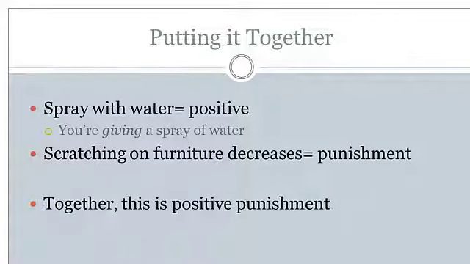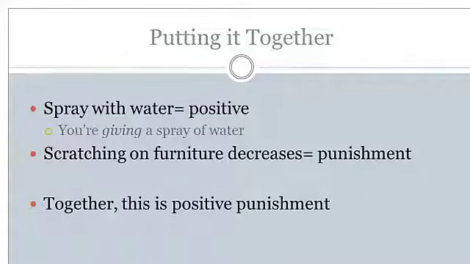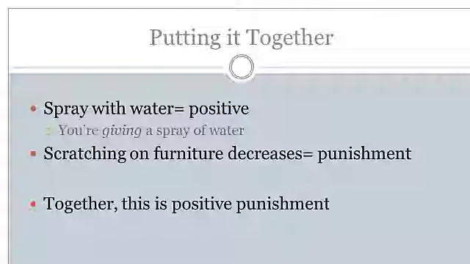So you're decreasing that behavior. Therefore it's a punishment. And you're spraying the cat. You're giving the cat a stimulus. So therefore it's positive. So spraying your cat with water, which leads to the result of the cat not scratching on your furniture, would be a positive punishment.